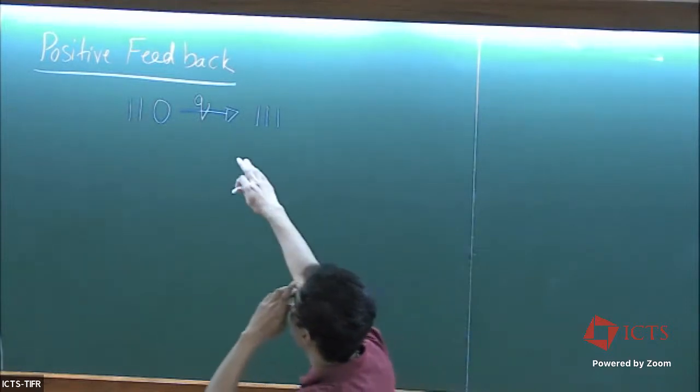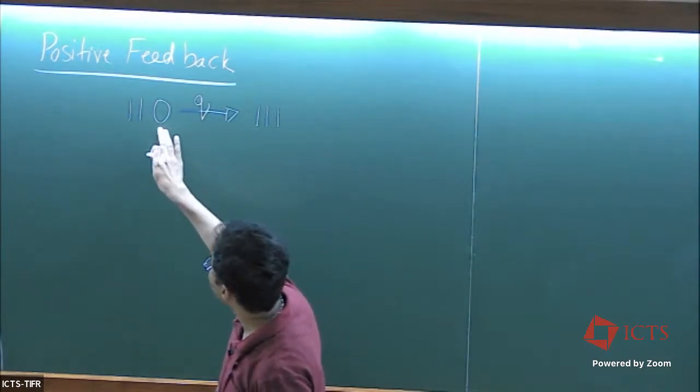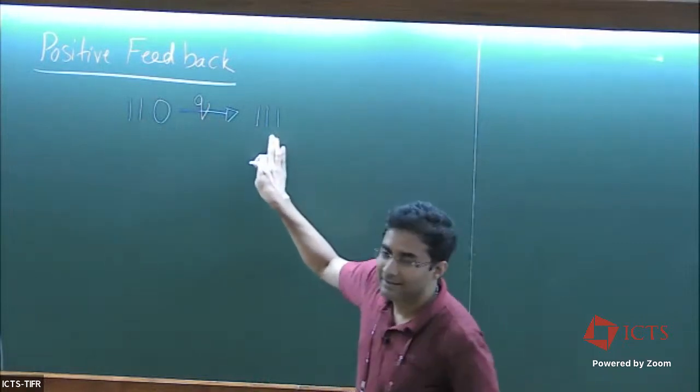So Q is a new parameter I am introducing now. So 1, 1, 0, because now this 0 is surrounded by two ones, we will convert it to a 1.